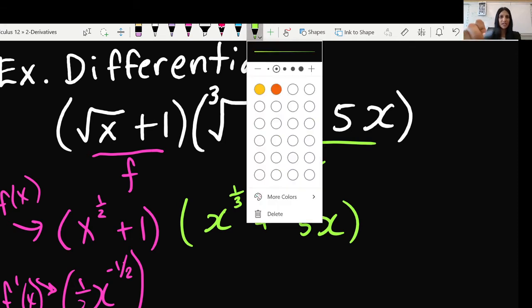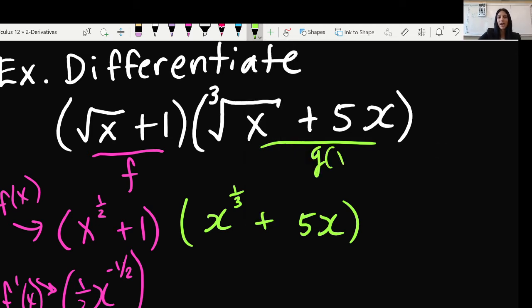And then if this function here is my g of x, taking the derivative of this, I would get 1/3 x to the 1/3 minus 1, so minus 3/3. Do you see that? I'm going to get rid of that because it's not really there. When I subtract that, I'd get minus 2/3.